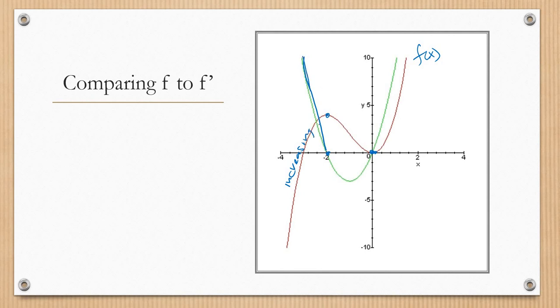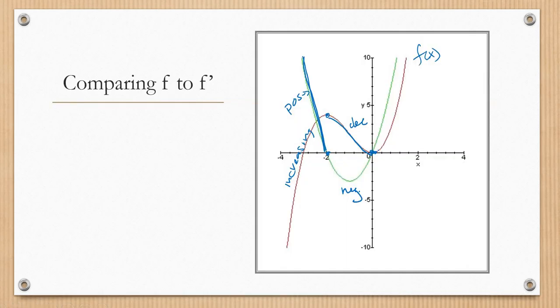Increasing on the function, positive on my derivative. Decreasing on the function means negative or below the x-axis on my derivative. I don't know why it keeps jumping. And increasing again on my function means positive for my derivative.